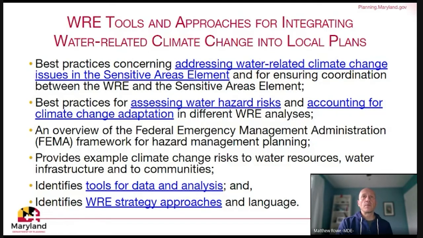We also provide examples of climate change risks to water resources, water infrastructure, and communities that you may find helpful in the guidance. And there's other tools for data and analysis and different strategy approaches and language that we provide that, again, is hopefully of assistance to you as you go about your updates here.